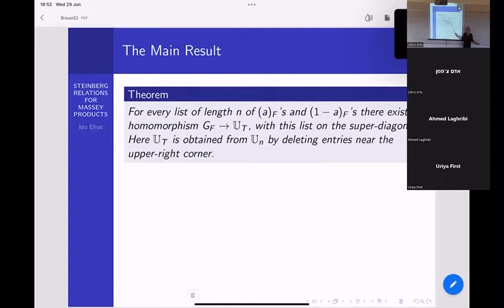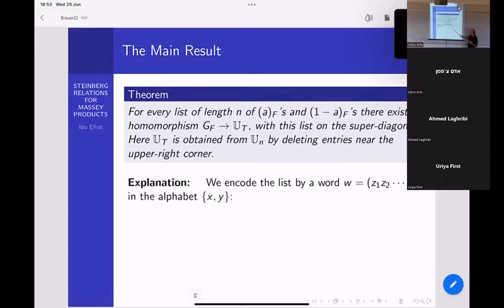Now, by T here I mean deleting entries near the upper right corner. Maybe you do not delete anything, you take the full UN. Maybe you only delete the upper right entry, you get U and bar. But sometimes you need to delete more entries. It depends on the list of the Kummer elements that you have. So you have here partial matrices, partial in the sense that you erase some entries in the area of the upper right corner.